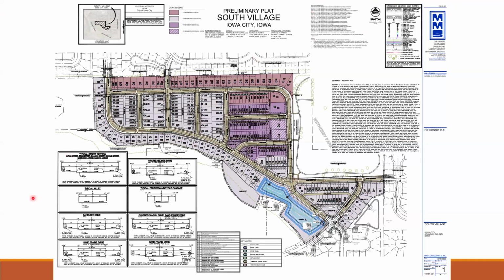Yeah, I was thinking about along Gilbert. There's a trail there already, along Gilbert on the west side of Gilbert. There's a multi-use trail. Right, that's what I'm trying to get to. And there's the intersection right there at Cherry and Gilbert.